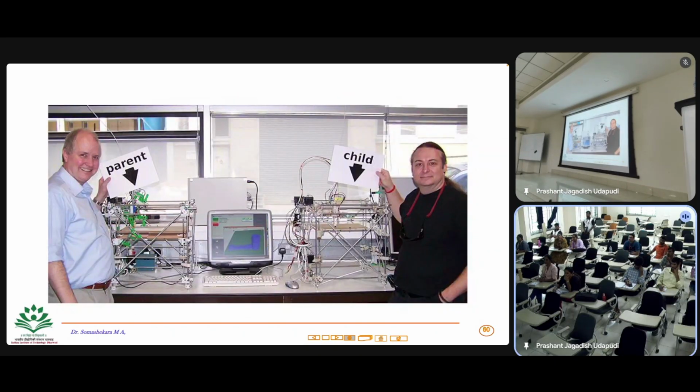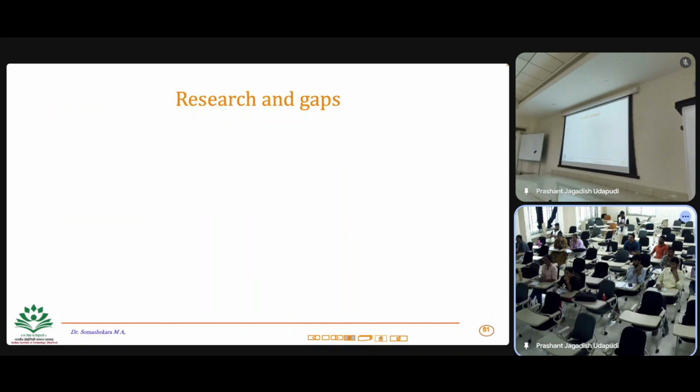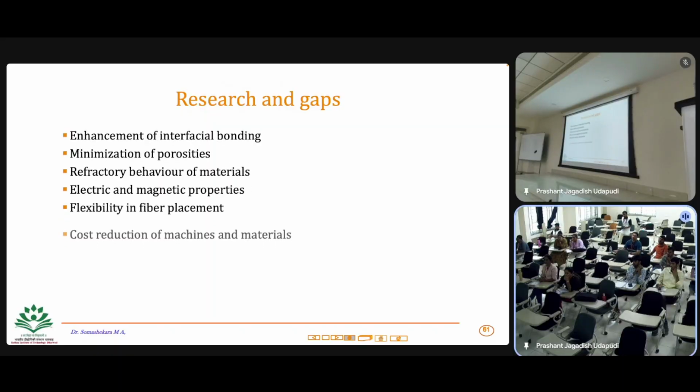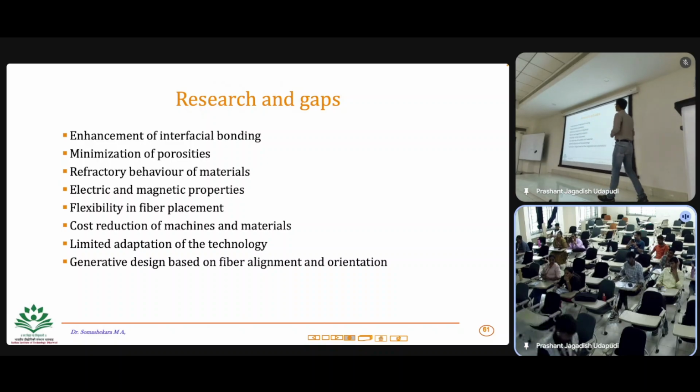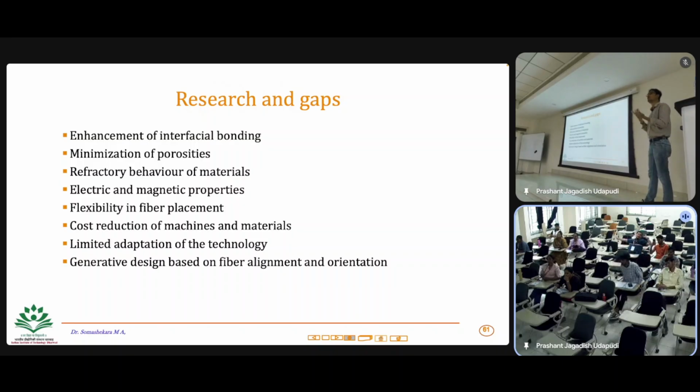This is an example where initially you may have one printer, out of which you made a lot of components, and then you'll find another smaller printer which is like the child, right? So again, as a researcher, there are a lot of areas. Although the technology has traveled more than 40 years now, when it comes to research, in the areas that I have listed here, a lot of work is still required to make even more use of the technology, right?